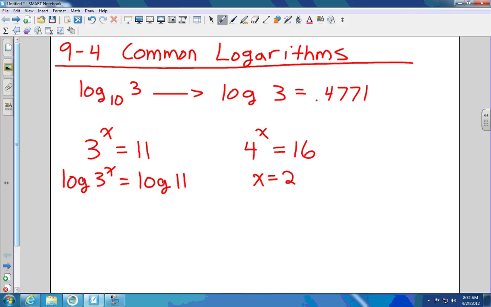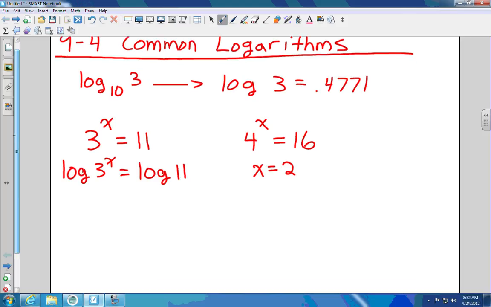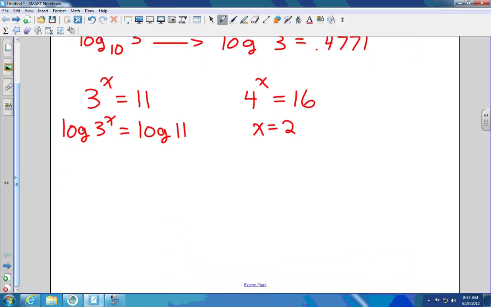So the goal is what? What we're trying to do here. Get the x by itself. So what's one thing we could do to that x? Using the rules, properties. Move it in front. That's an exponent. We can bring that around front to where we have x log 3 equals log 11.